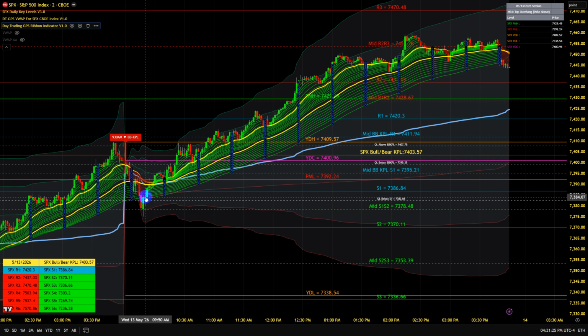So this dual feed from the ribbon, you can actually set up a dual screen if you only have one monitor, or if you have multiple monitors, you could have one chart with the filter on and one chart with the filter off.